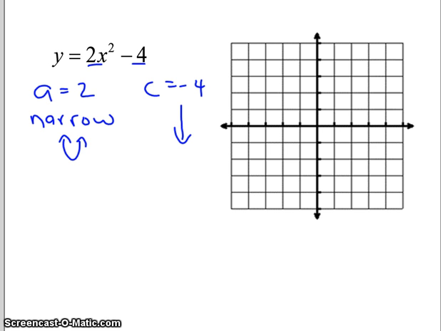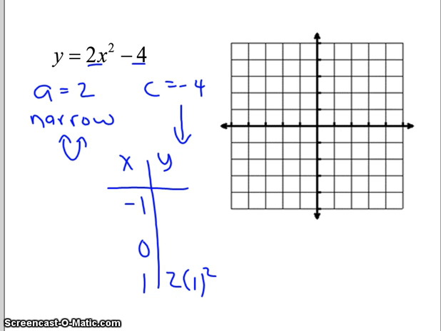All right? So now to help us picture how more narrow this is, we still need to do some values. Let's plug 1 in first. That's the easiest. 2 times 1 squared minus 4 is 2 minus 4, which is -2. 2 times 0 squared minus 4 is -4.